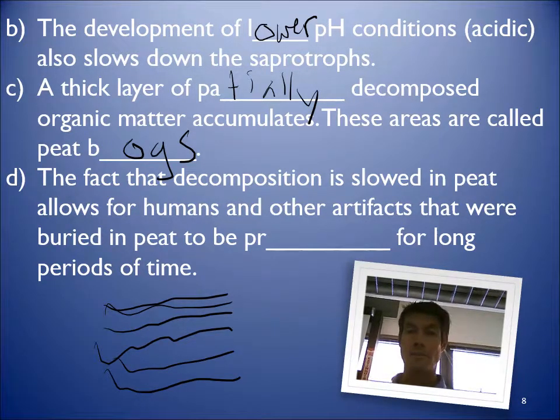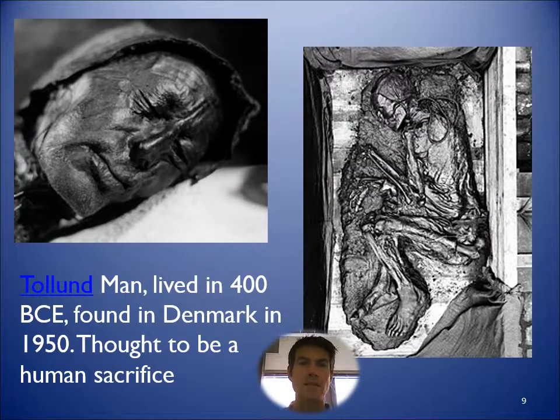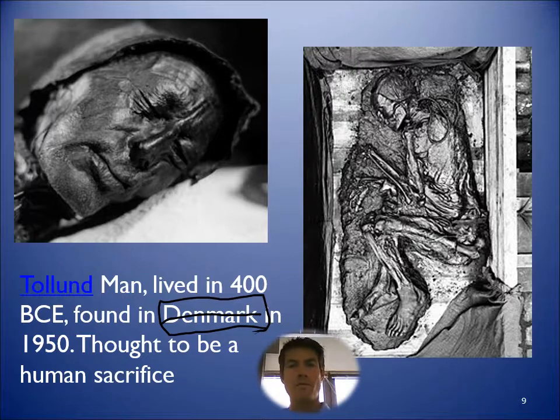And if something falls into there, because of that low pH and the saprotrophs aren't working, the fungus isn't working, it can be preserved for a long time. You'll see these are some specimens of humans. Actually, this is Tollund Man that was found in Denmark in 1950. So 400 years BCE, and they thought he was a human sacrifice.